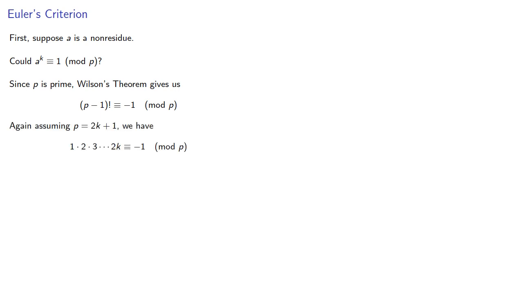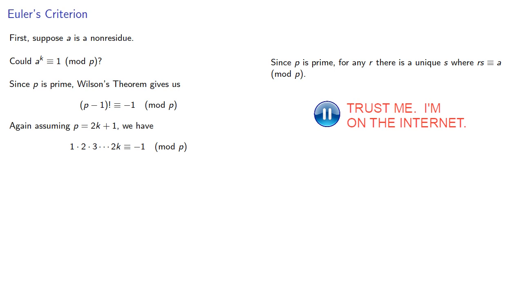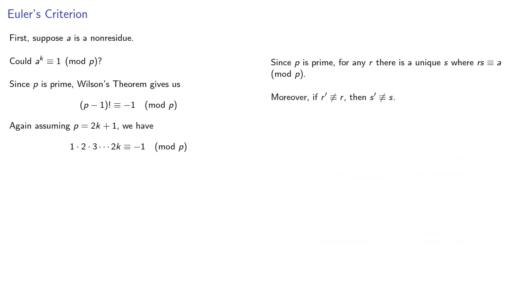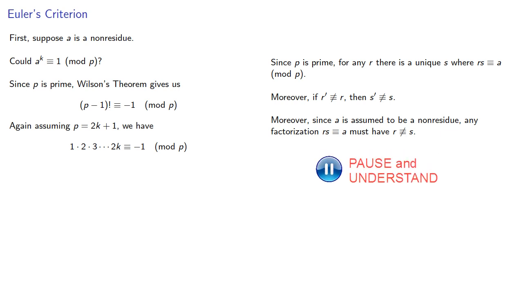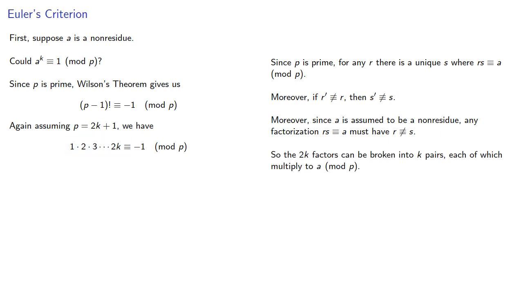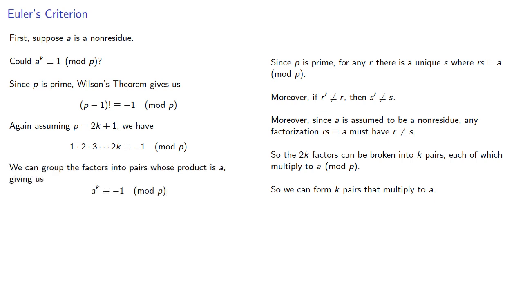So our factorial will look like this. Now since P is prime, for any R, there's a unique S where RS is congruent to A mod P. Moreover, if R prime isn't congruent to R, then that other S prime is not congruent to S. Moreover, since A is assumed to be a non-residue, any factorization RS congruent to A must have R distinct from S. So these 2k factors can be broken into k pairs, each of which multiply to A mod P. And so that gives us A to the power k congruent to negative 1.